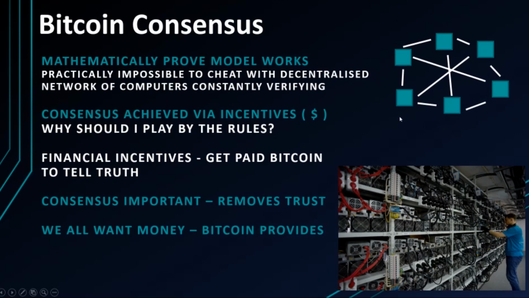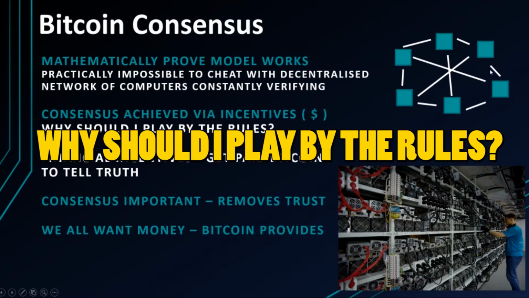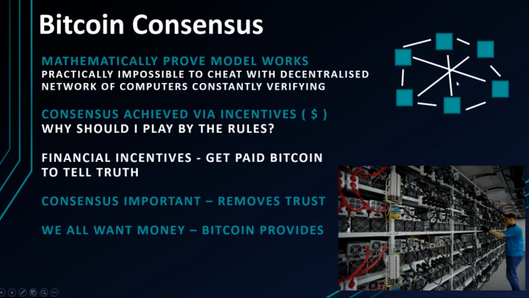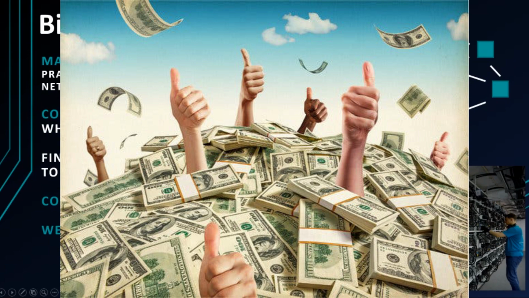So now we're going to ask the question: why should these nodes play by the rules? Why are they such goody two shoes? Why should they always tell the truth? What's the point? The answer to that question is that they tell the truth because they are financially incentivized to.